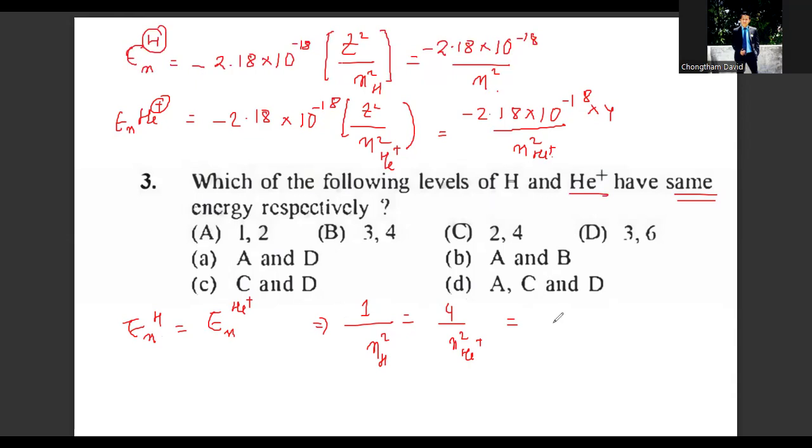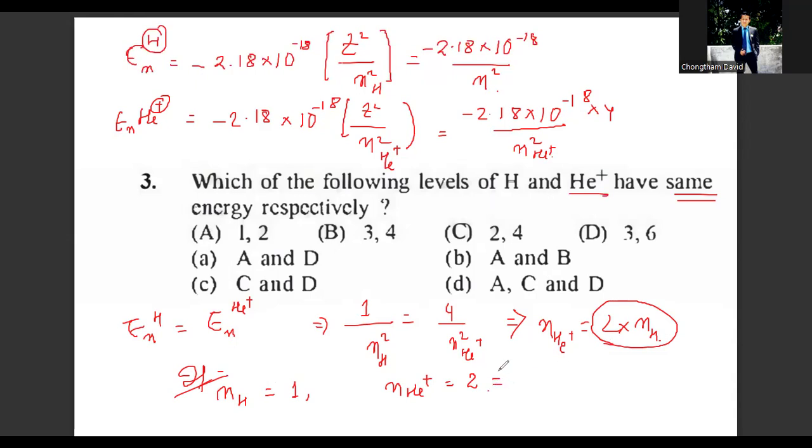This implies the orbit of helium plus would be 2 times that of hydrogen. So if nH is considered as 1, the helium ion would be 2. From this relation, you can easily deduce it.